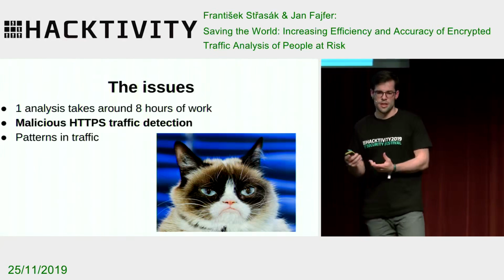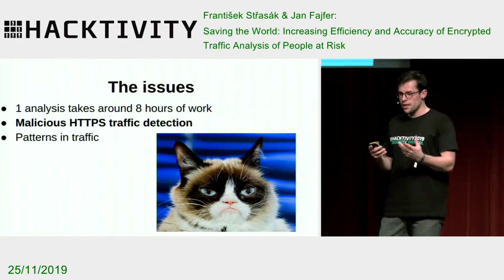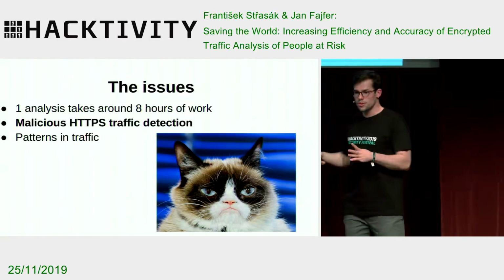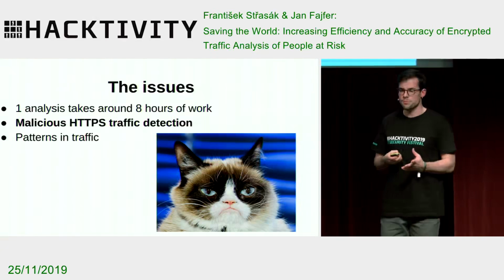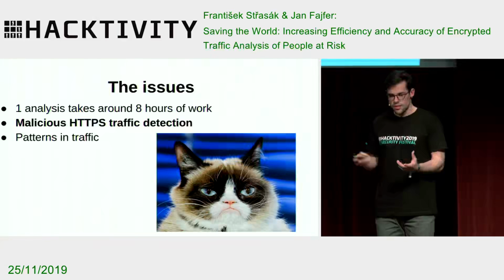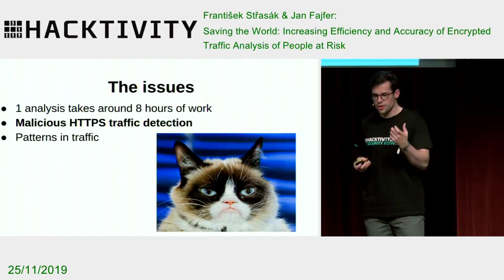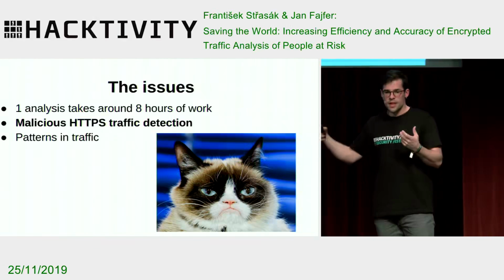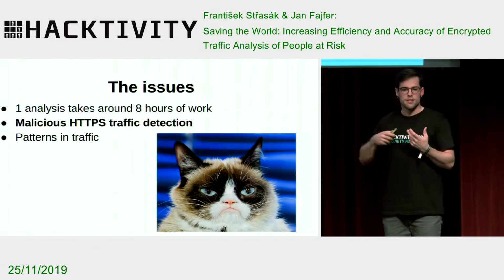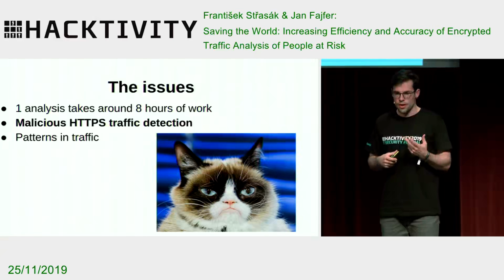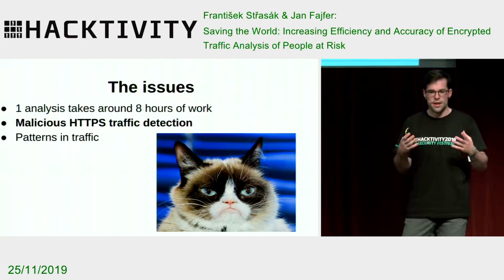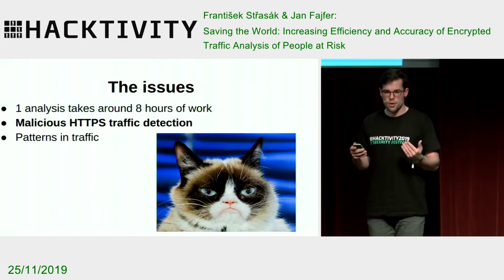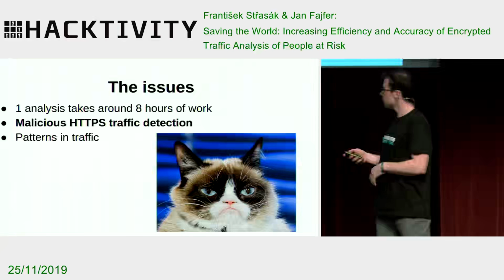And a thing connected to this is patterns in traffic, which means that, for example, with an APT, when a person has an infected device and the attacker periodically gets the location of the person, there are some patterns in the traffic that might be observable but are difficult for a human to spot.